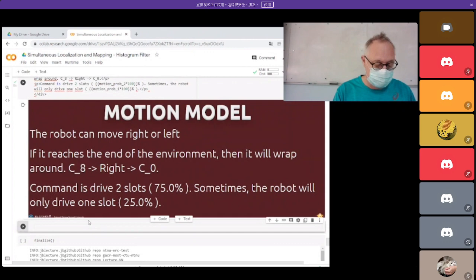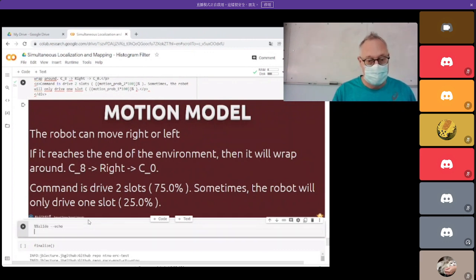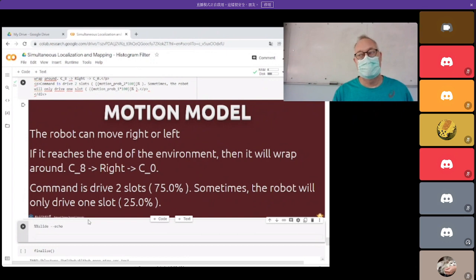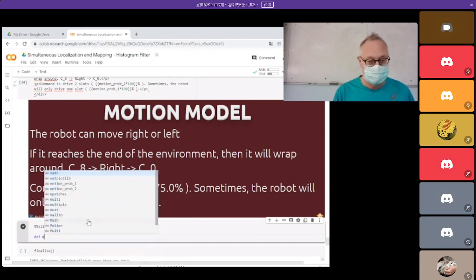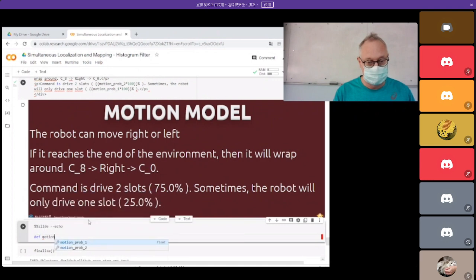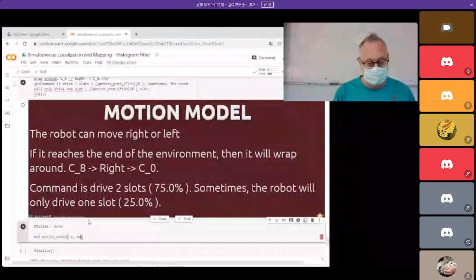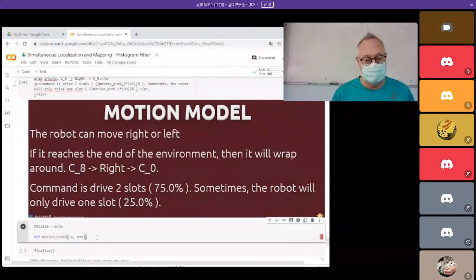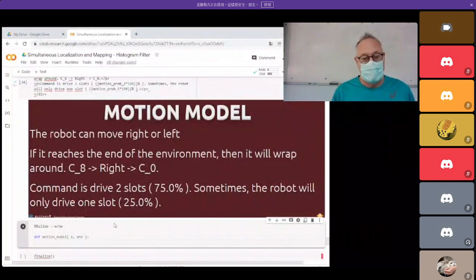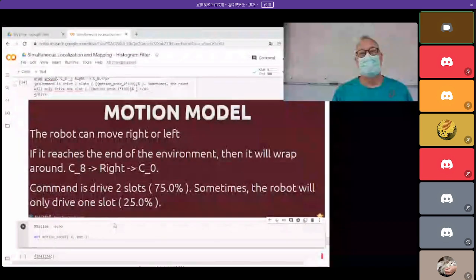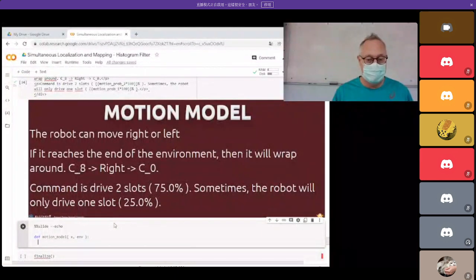So now you should try and implement the motion model. So for the motion model, what should be our input apart from the current position of the robot and the environment?